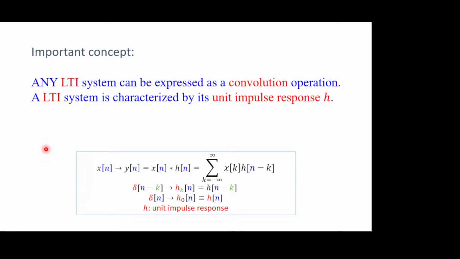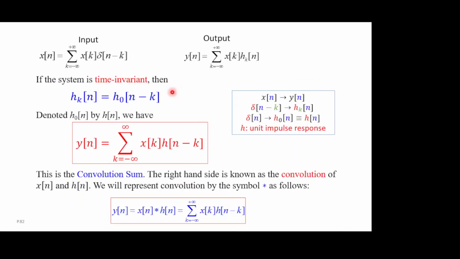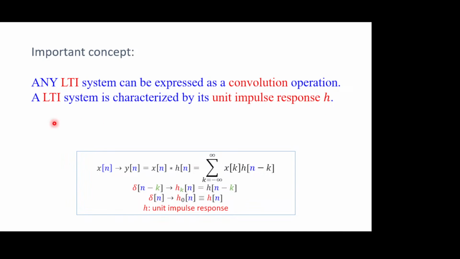Okay, and summary page here. So important concept: any LTI system can be expressed as a convolution operation. Whatever LTI system you have, the output y of n is equal to x of n convolved with h of n.